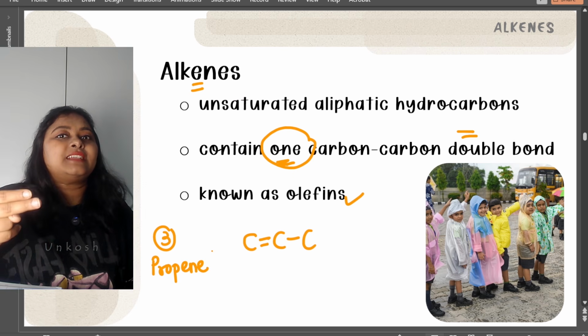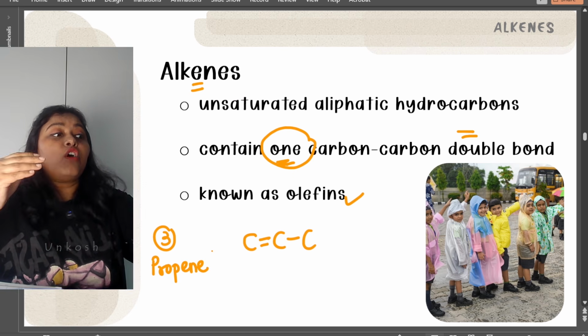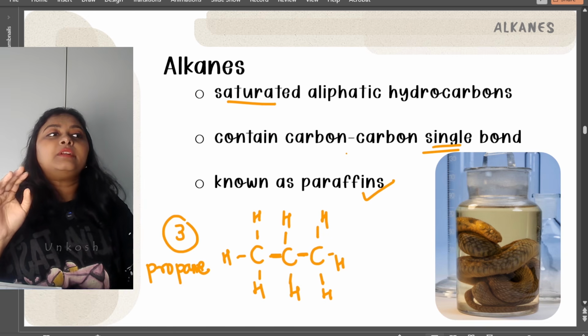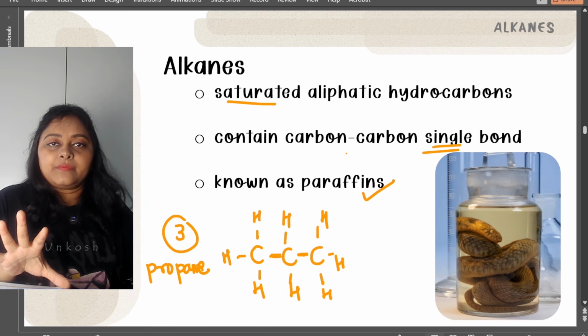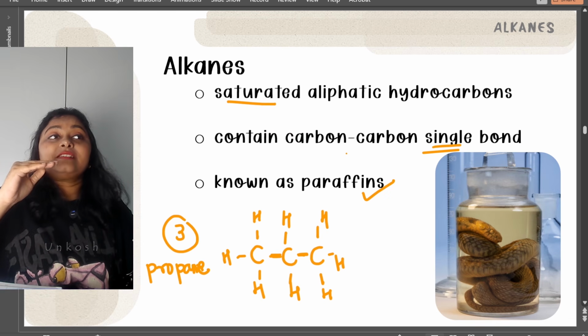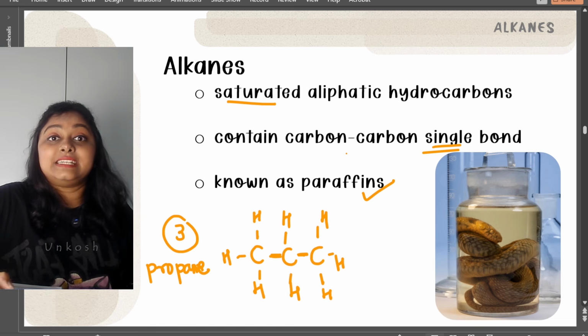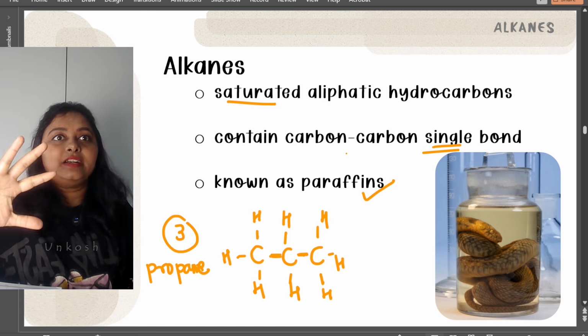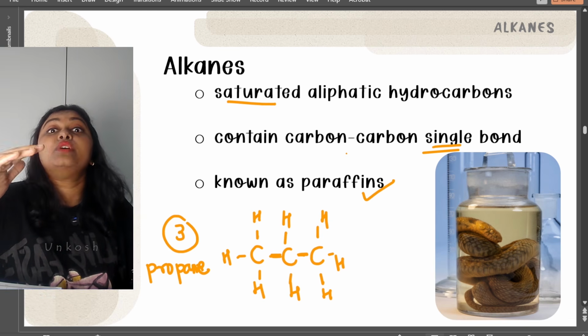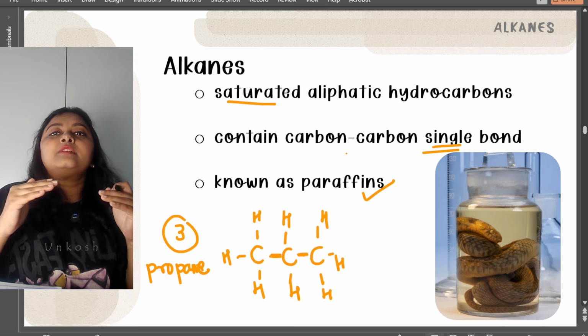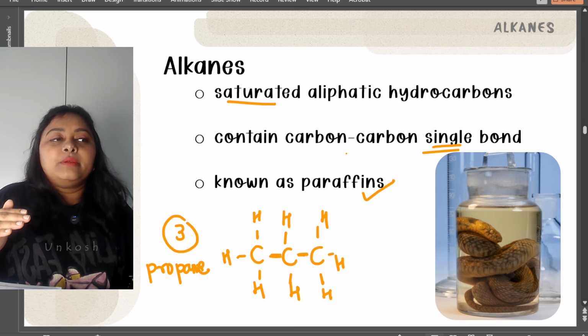On further saturation, on further breaking down of that carbon-carbon double bond, a carbon-carbon single bond remains. So that way, alkynes can be easily converted to alkenes, and alkenes can be comparatively easily converted to alkanes, but further there is no more carbon-carbon bond left to be broken.